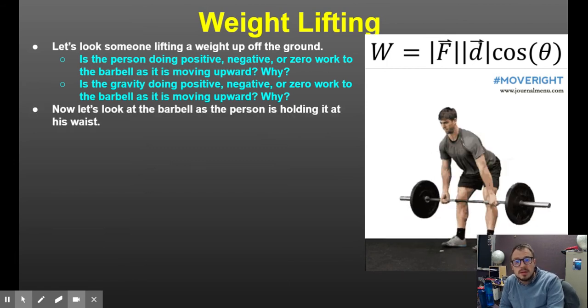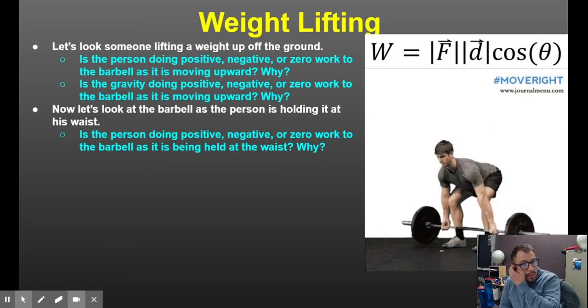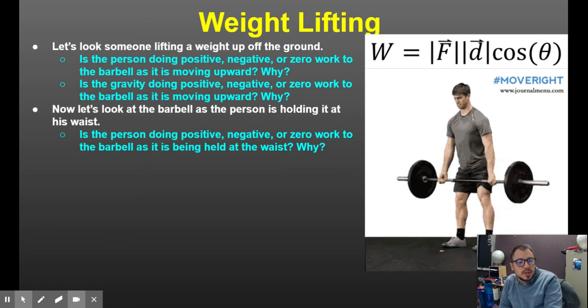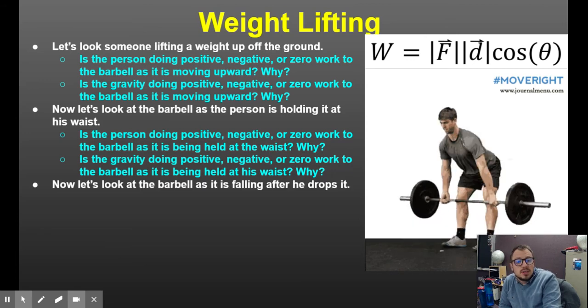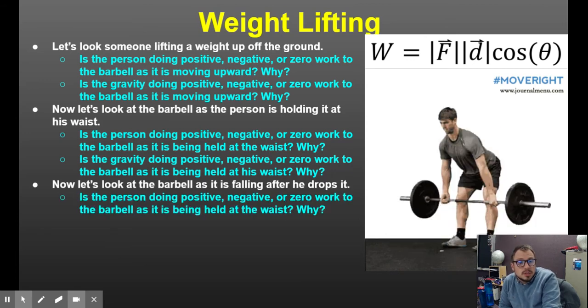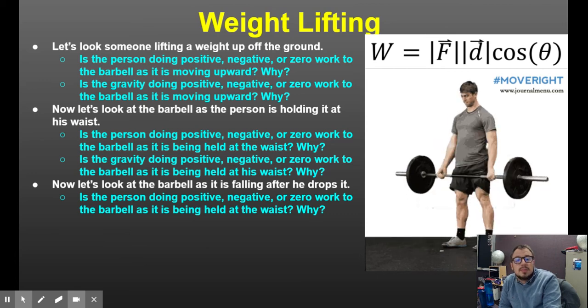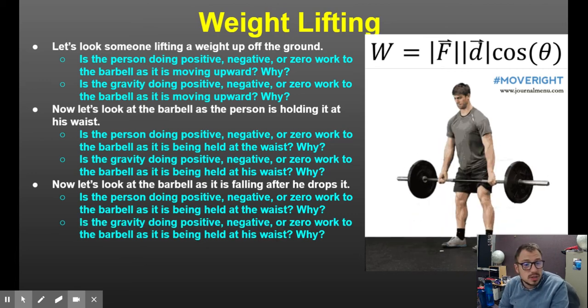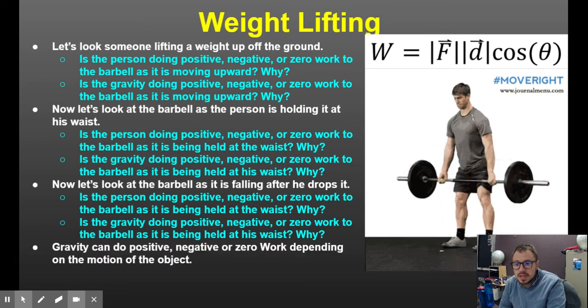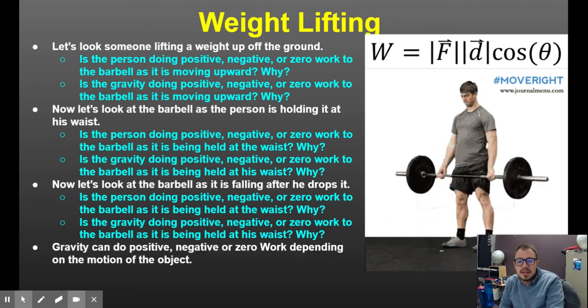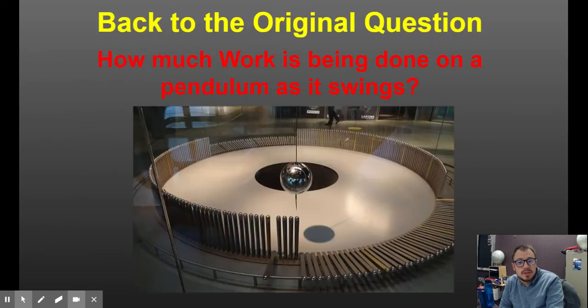If that person holds the barbell at the waist, that person is doing no work. It's not moving. Same thing with gravity. If that person drops the barbell, that person's not doing any work because they're not applying a force. Gravity is going to be doing positive work because it's moving down and gravity is going down. So gravity can be positive, negative, or zero work depending on the motion of the object.